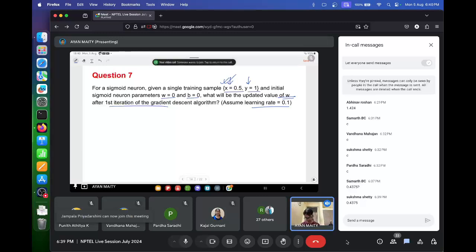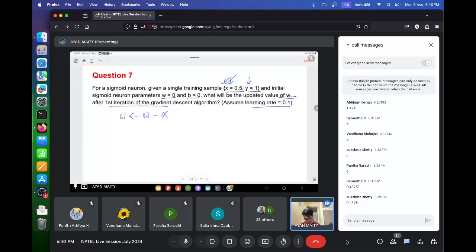For this question, the update rule for the weight W is W equals W minus alpha, the learning rate, times the derivative of the loss function with respect to W. For the sigmoid neuron, which uses the mean squared error loss, if we take the derivative, as shown in the video lectures, it is (f(x) minus y) into f(x) into (1 minus f(x)) into x.